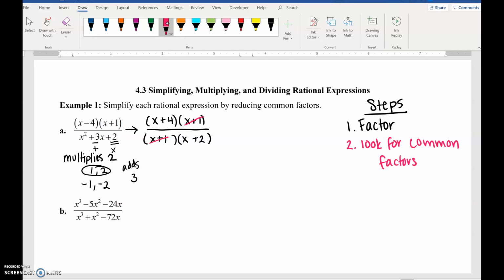So now I'm going to rewrite it. So I'm left with x plus 4 and x plus 2. So again, step 3 was I just rewrote it. And then the last step is to state your restrictions.